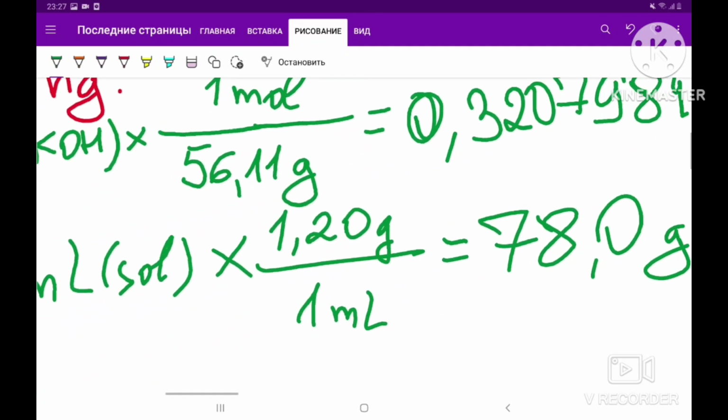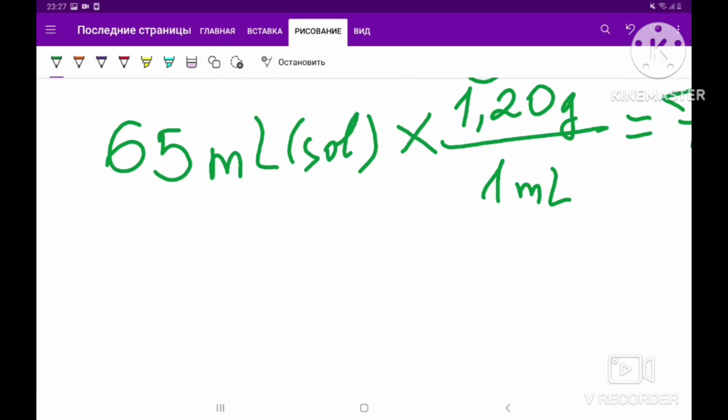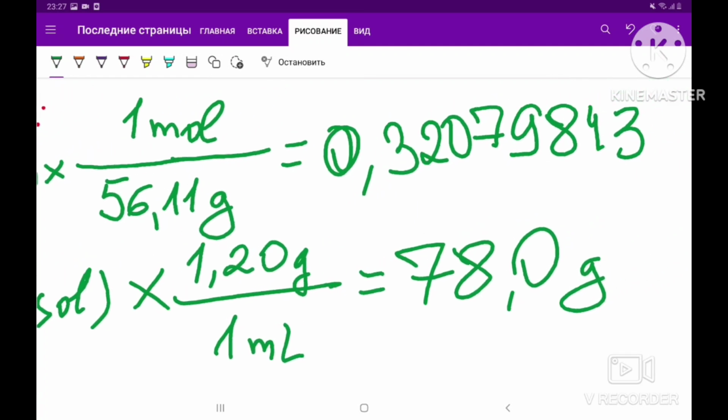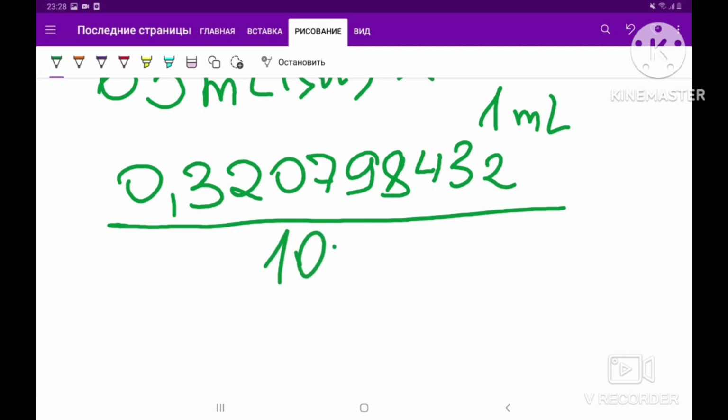Because 18% means 18 gram in 100 grams. And now, let's divide the number of moles that we found by 100 gram, because we considered it like mole per gram.